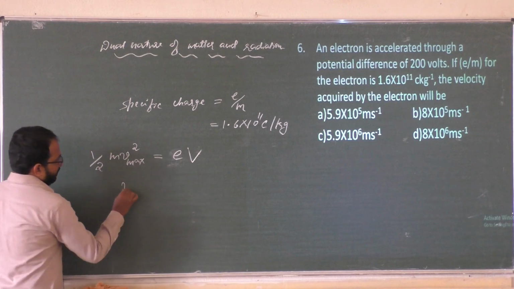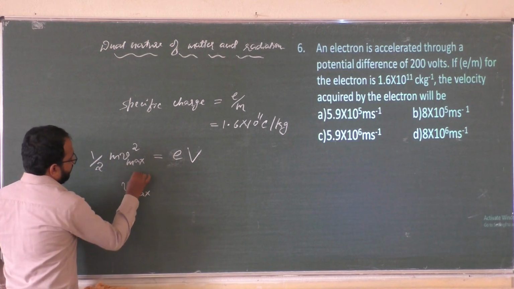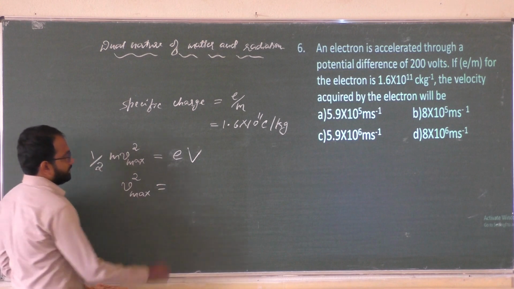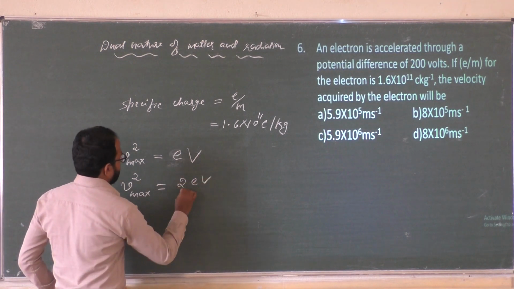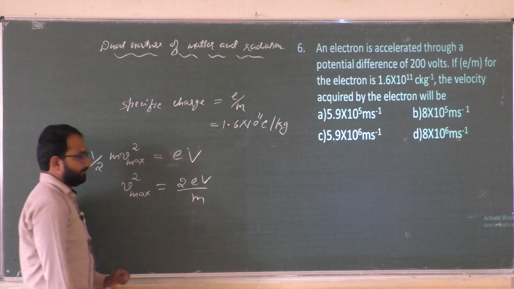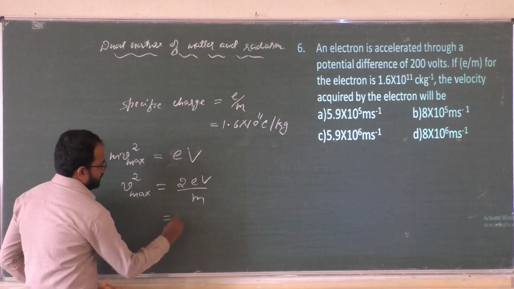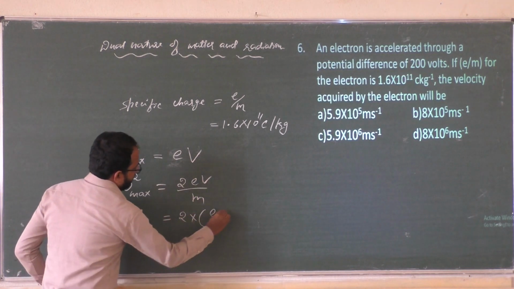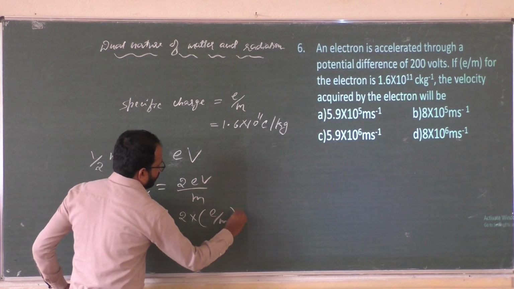So we want the value of v maximum. v maximum square is equal to 2 times e into V divided by m. So this is equal to 2 into e by m into V.